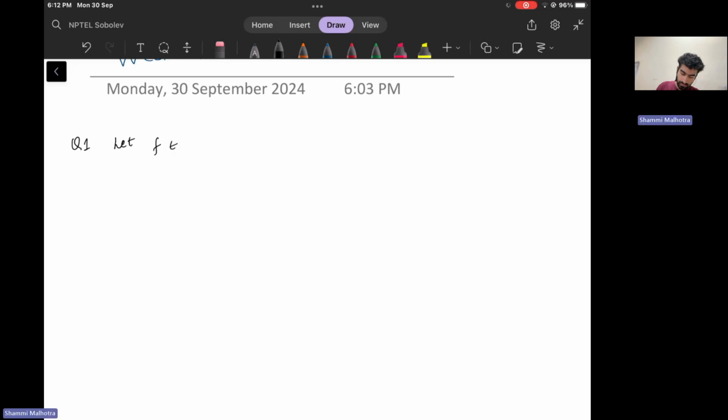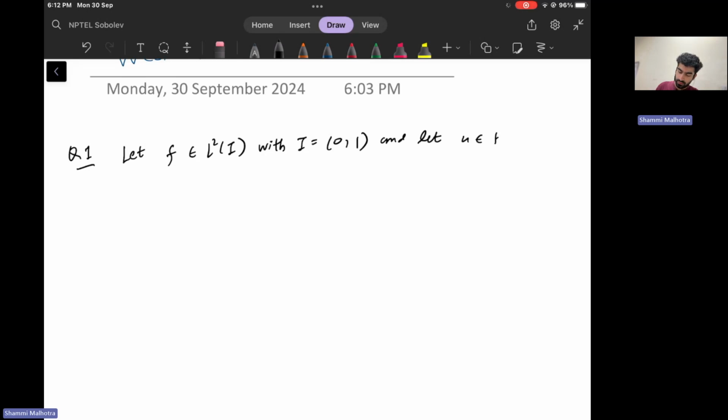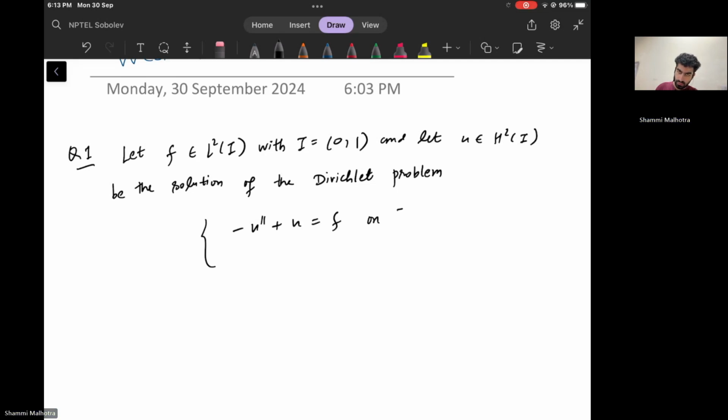Let f be in L2 of I, where I am taking I to be just the unit interval, and let u in H2 of I be the solution of the Dirichlet problem: minus u double dash plus u equals f on I, with u(0) equal to alpha and u(1) equal to beta.